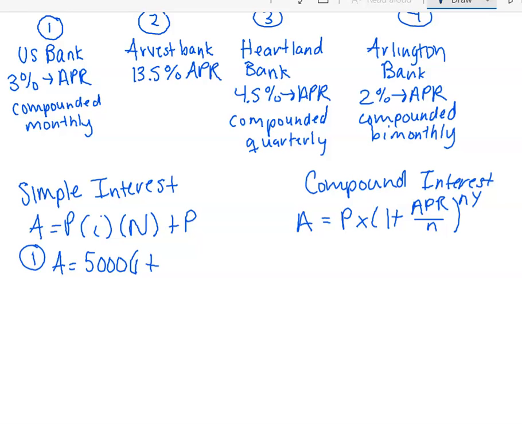You're going to write that as a decimal, so you would do 3 divided by 100 to get percent to decimal, which is 0.03, over N. And N is the number of times this happens per year, and it's compounded monthly. So there are 12 months in a year, so it would be over 12. And then it says raised to the N times Y power. Well, N is 12 because there are 12 months in a year. And Y is going to be the number of years that it happens.